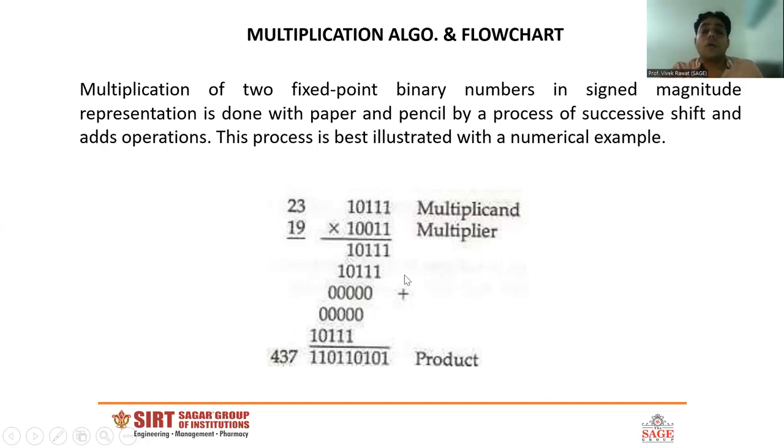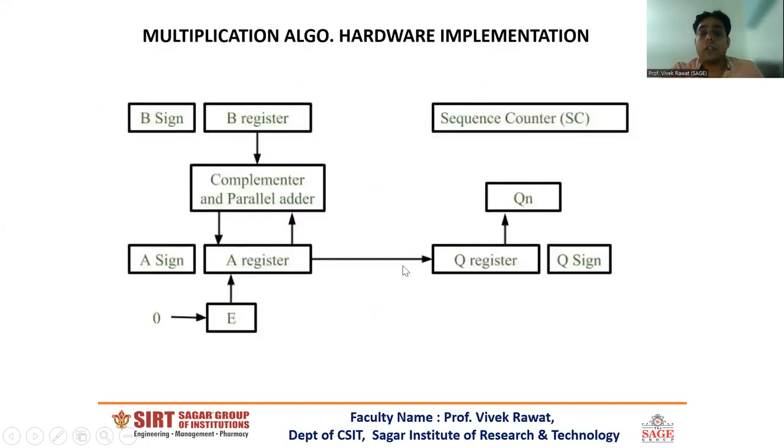But the ALU works for this type of calculation, so the ALU needs a hardware implementation for the whole calculation. So here are the B register, Q register, and A register, and the sign of B is BS, the A register sign is AS, and the Q register sign is QS. Now, what is E? E is called the extended flip-flop here.